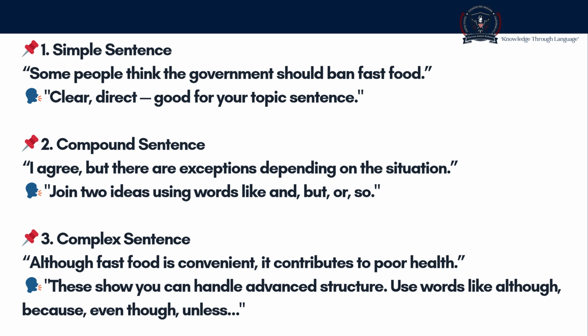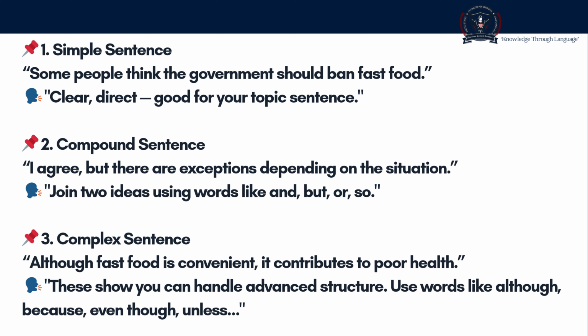Number 2. Compound sentence. Example: I agree, but there are exceptions depending on the situation. It joins two ideas using words like and, but, or, so. Number 3. Complex sentence.